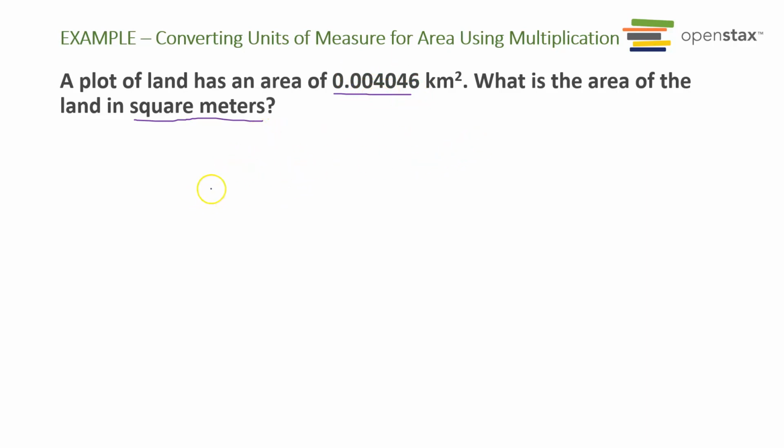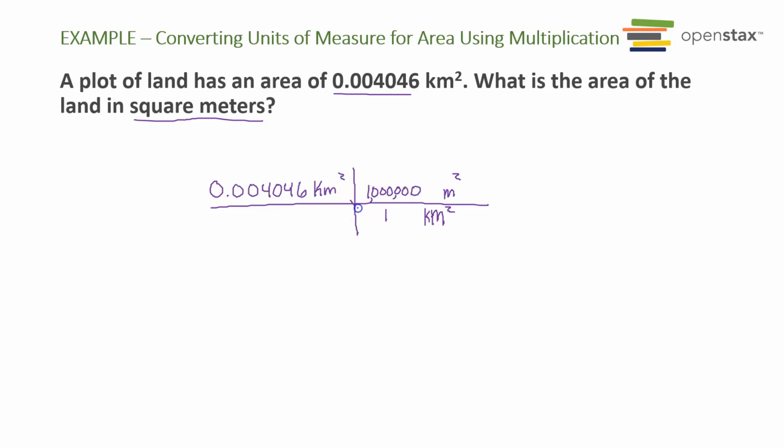So let's again set up our conversion table. 0.04046 kilometers squared. We're trying to get rid of kilometers squared, so we'll put that in the bottom. And we're trying to go to meters squared. And again, 1 kilometer squared is 1,000,000 meters squared.